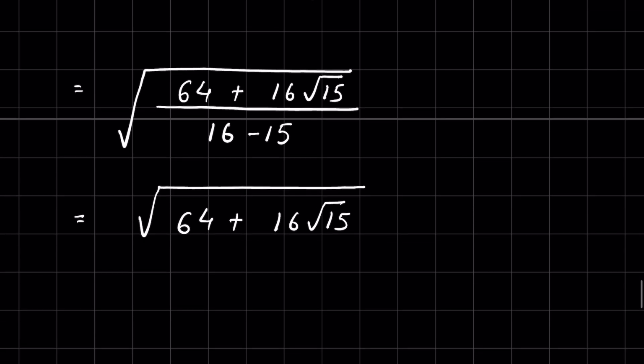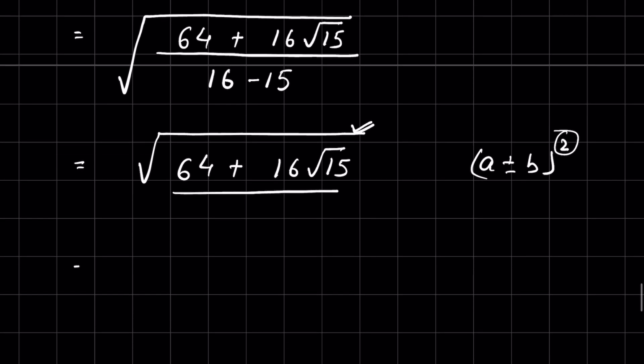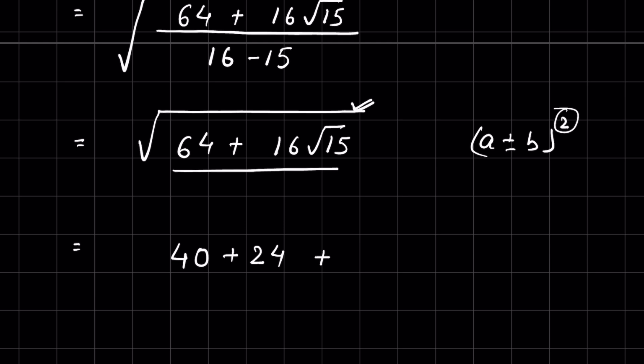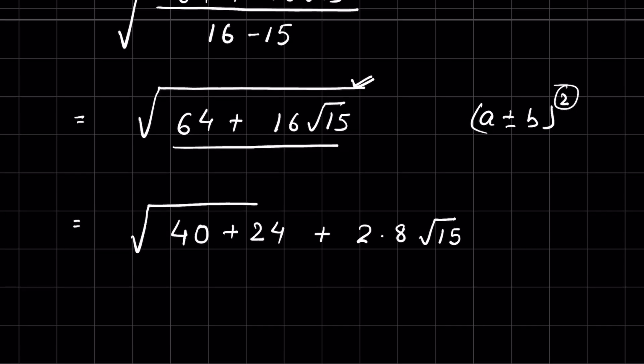Now to simplify further, we need to remove this square root. To remove this square root, if we can write this number in terms of a plus minus b whole square, then we can remove the square root with this square. So let's try. 64 we can write as 40 plus 24, plus 16 as 2 times 8 times square root of 15, under square root.